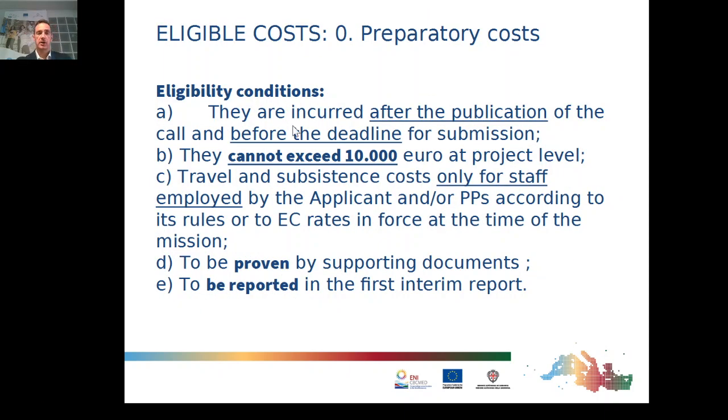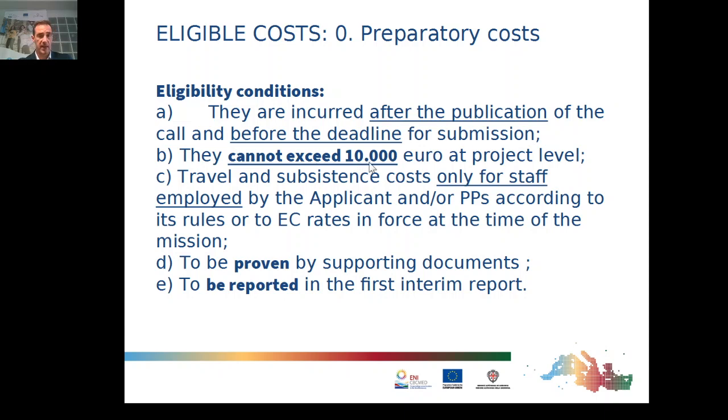Now let's see some considerations regarding the cost categories. Cost category 0, preparatory costs, eligibility conditions. They must be incurred after the publication of the call, remember 6 May of this year, and before the deadline for submission.